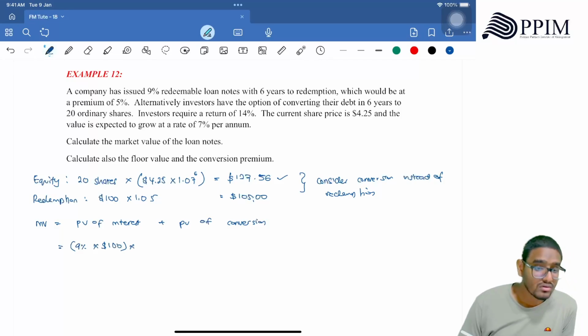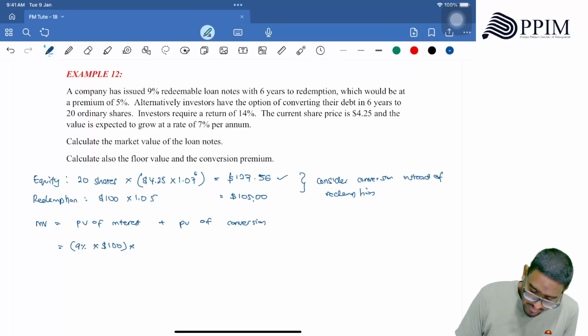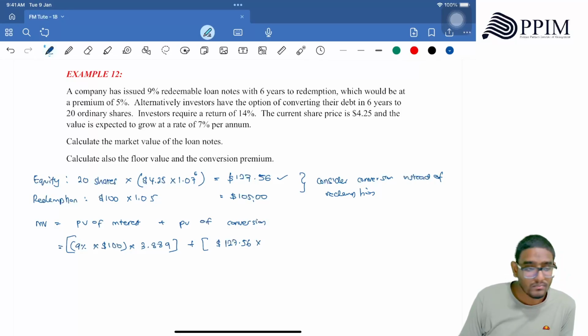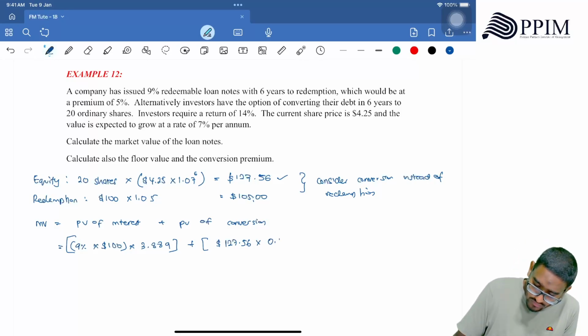This into what is your discount rate? In this case, they are saying you have a 14% discount rate. So 14% for 6 years. What is your annuity factor? 3.889, plus present value of conversion. How much is your conversion? 127.56 into 0.456. How much is this?